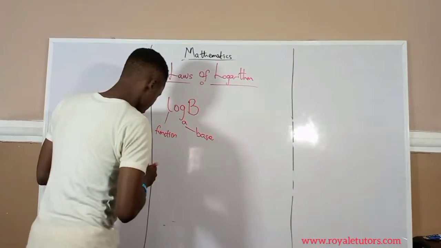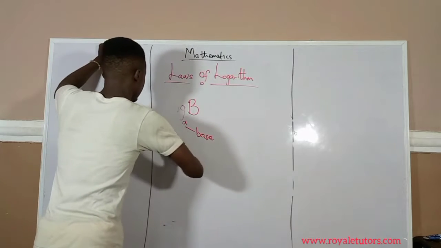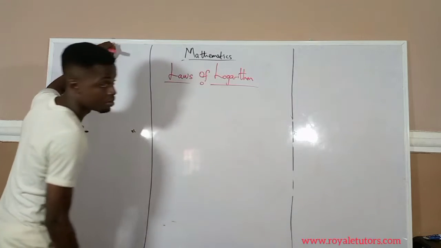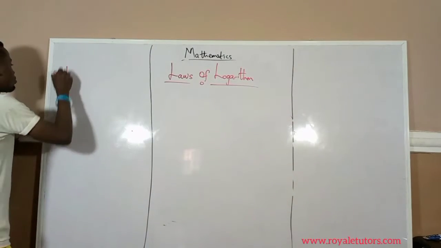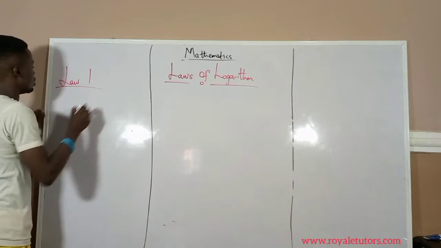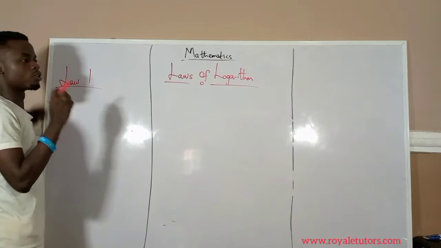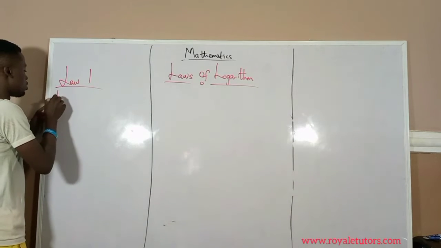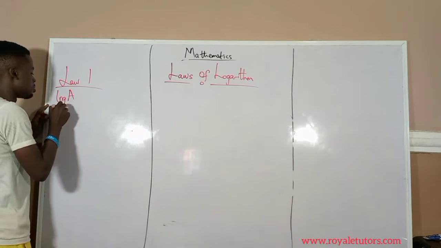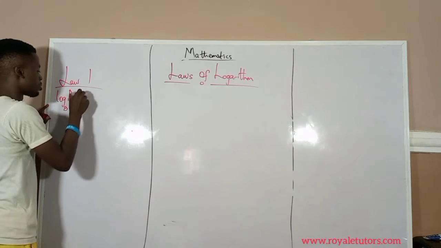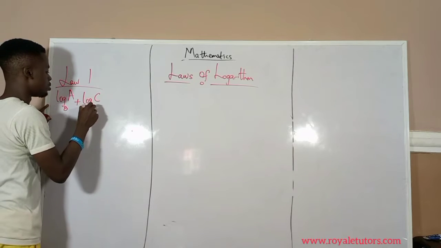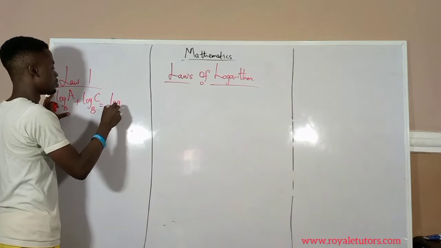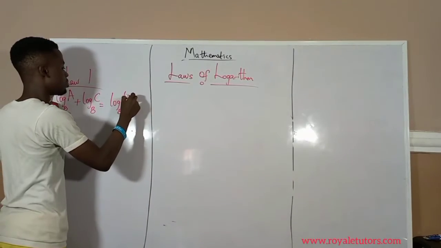So let us write laws of logarithm. There are several laws of logarithm, but I'm just going to give you about 9 of them. First law: if you have two logarithmic functions of the same base adding together, for example, you have log a base b plus log c base b, it is going to be the same as picking just one of the logarithm and multiplying the numbers.